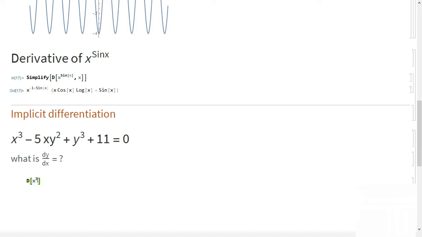So first type x cubed, then minus 5x y squared plus y cubed. But there is a catch. See, I have only typed y here. So if I don't specify that y is a function of x, Mathematica will just treat it as a constant. That is a symbol that it doesn't know.